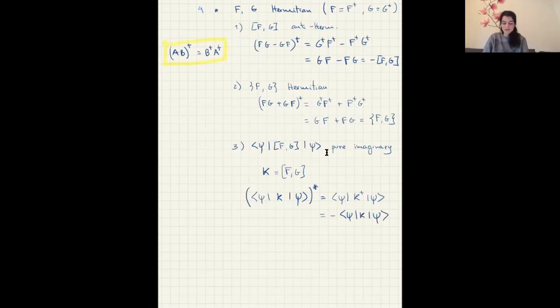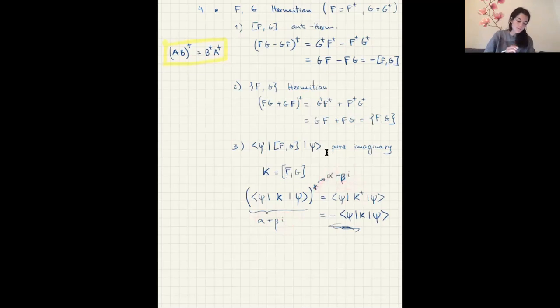So what kind of number is this? Think of this number as some alpha plus beta i, and the complex conjugate of the number would have to be alpha minus beta i, okay. And if this is minus this, then the only option is that alpha is 0 and the number is a pure imaginary number.